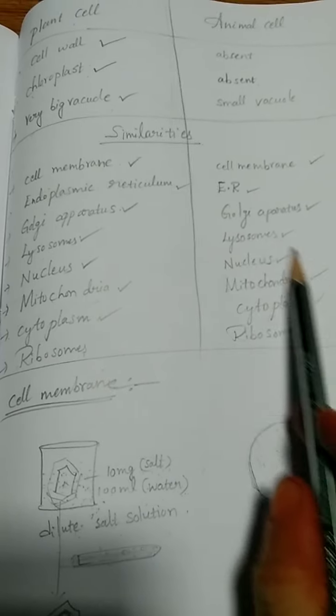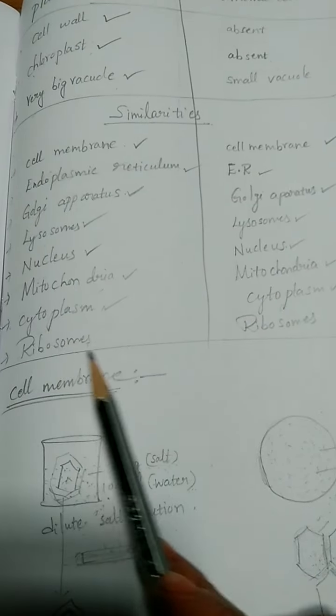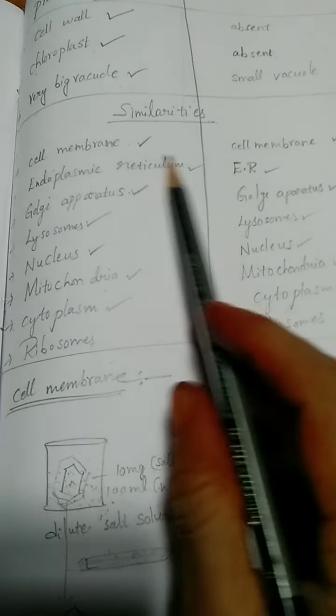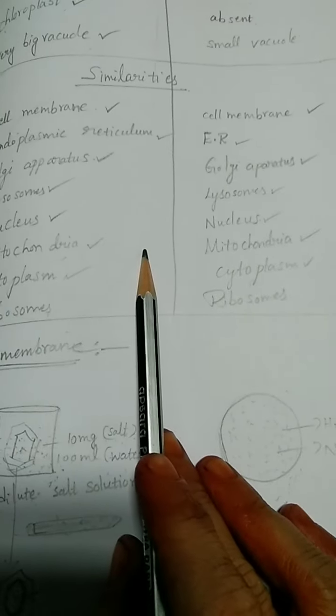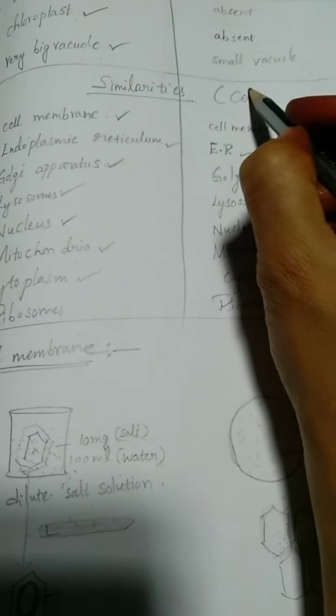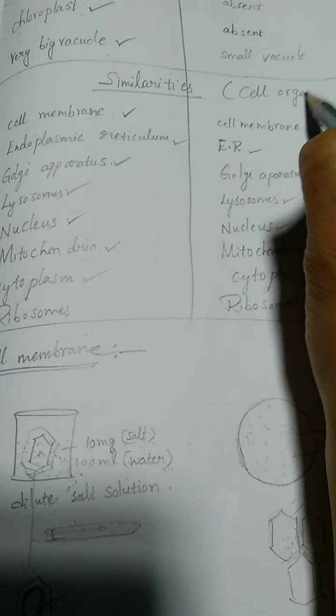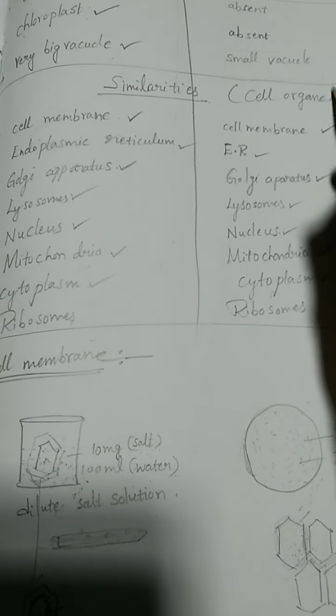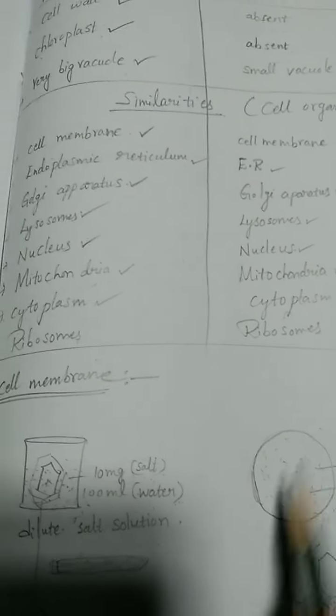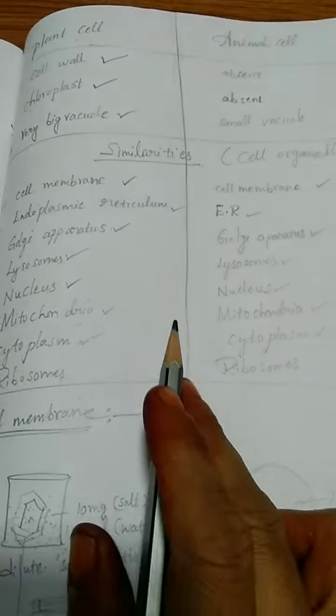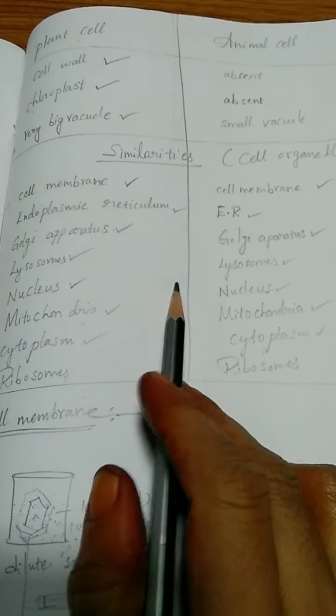These are all the internal structures of the cell. All these internal structures are called cell organelles, which are present inside the cell.